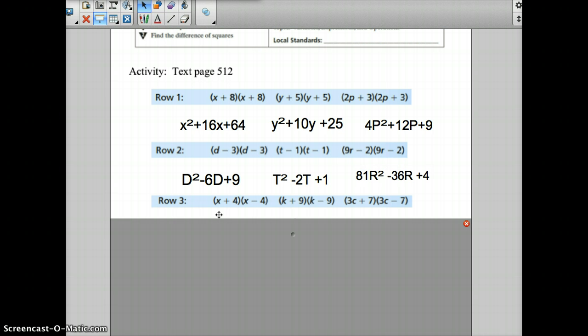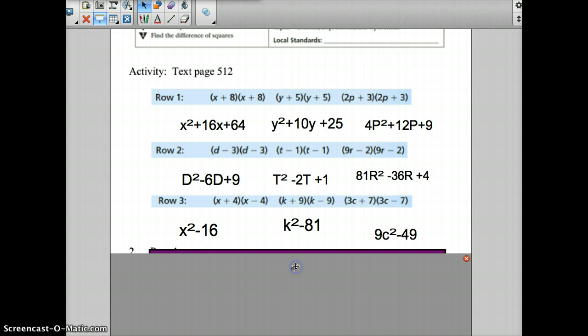But then, most importantly, think about your outers and inners. In all three of these situations, your outers and inners are going to be exact opposites of one another. So what ends up happening is the middle term in your trinomials is now canceled out. Okay? These are what we call special cases.